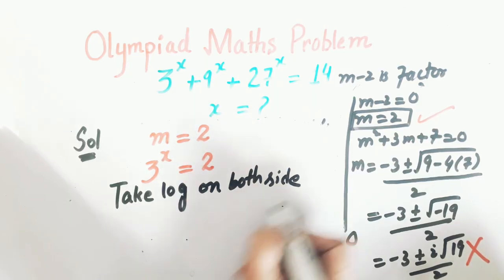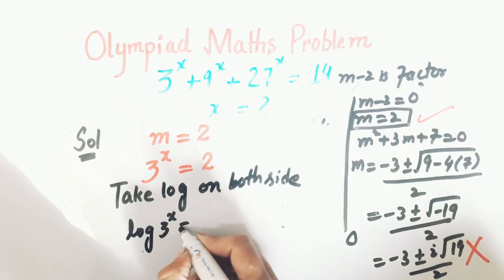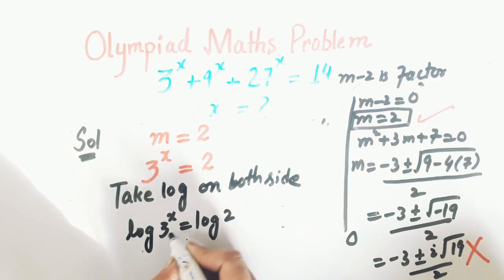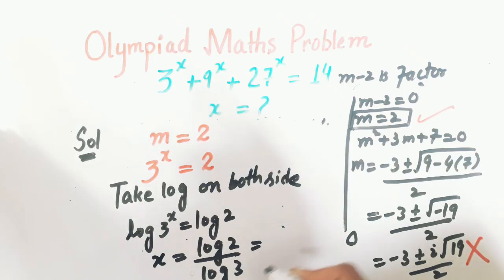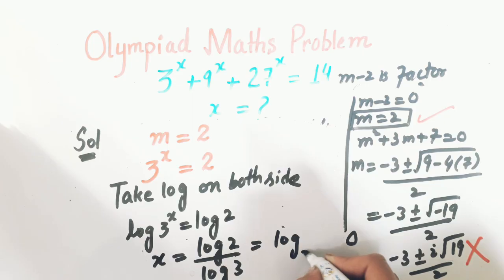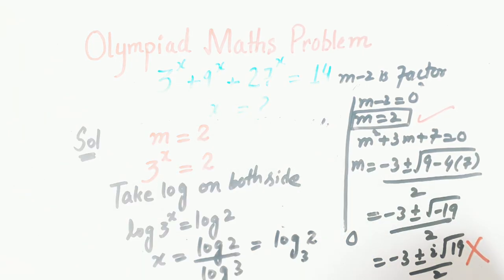So when we take log on both sides, log 3 raised to power x equals log of 2. So x is in the front and we have log 2 by log 3. Apply the change of base rule. So base is 3 and log 2. This is the value of x.